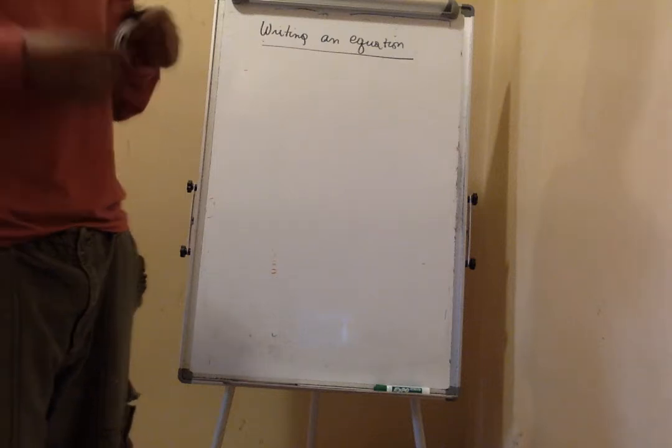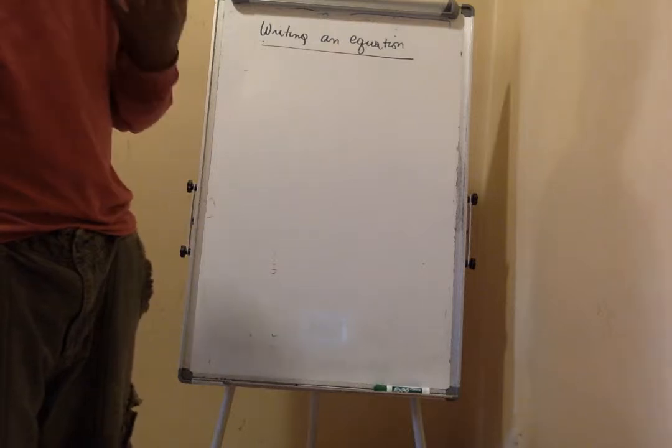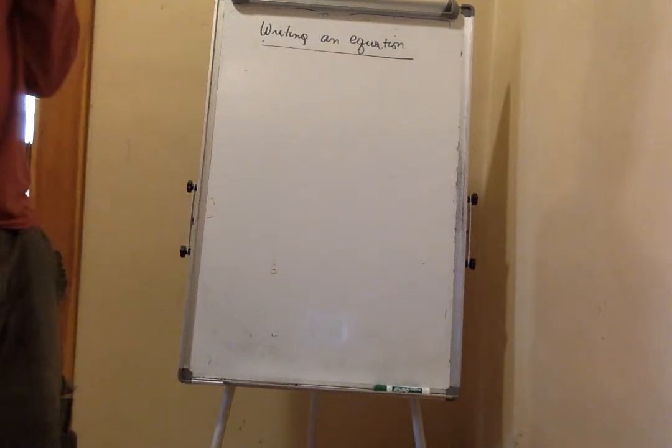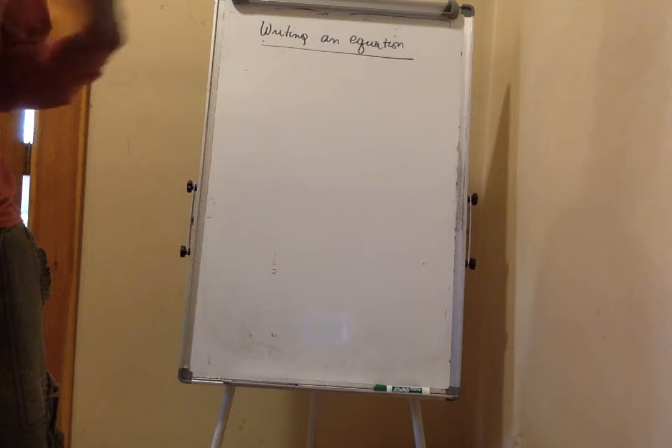Hi everyone. So far we have done how to find the slope and also how to find the intercepts. So we're talking about ordered pairs of numbers. Once we do that, then we know how to write an equation.